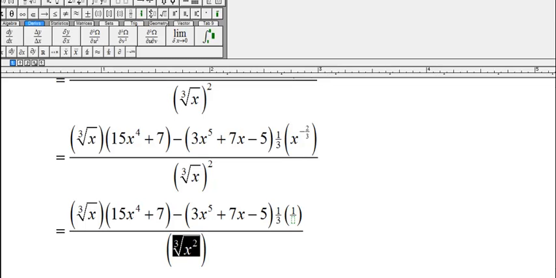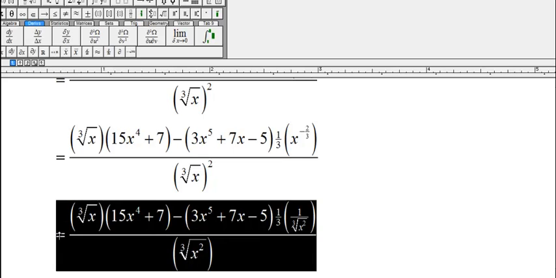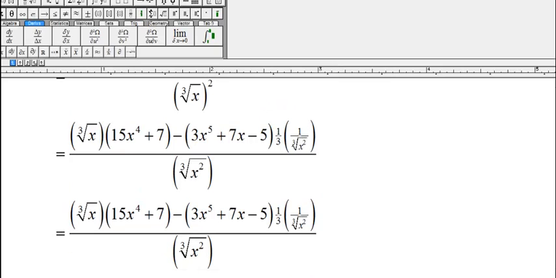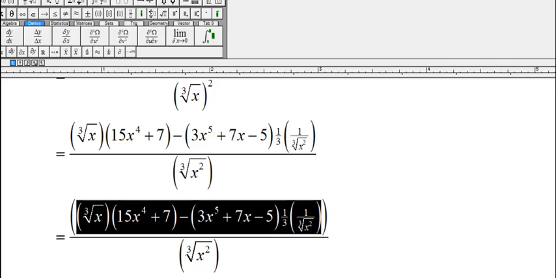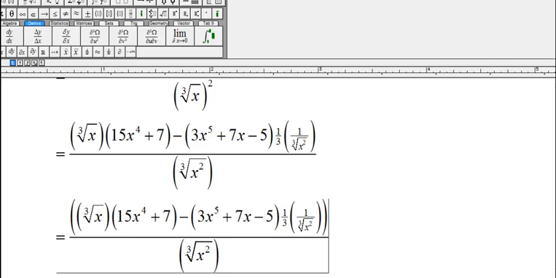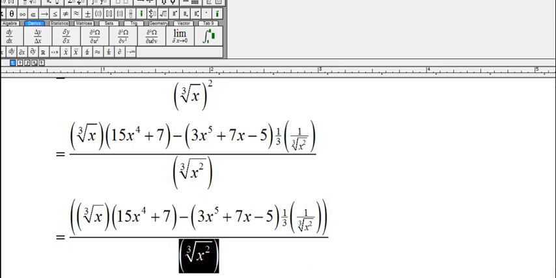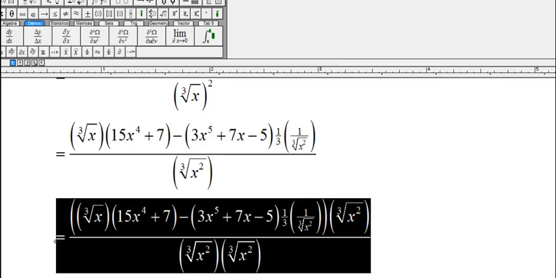And that's what's in the bottom. Same thing's in the bottom there. Now I've got fractions inside my fractions. So I'm going to take the whole thing and multiply by that denominator, which is really just this again. I'll multiply the top and the bottom by that, so that I don't have fractions inside fractions at the next step.